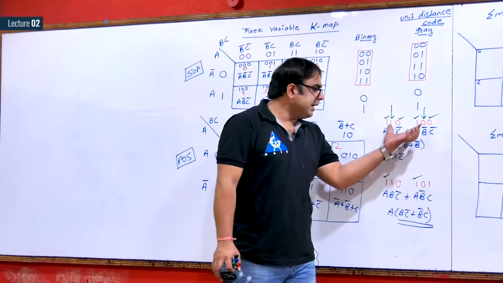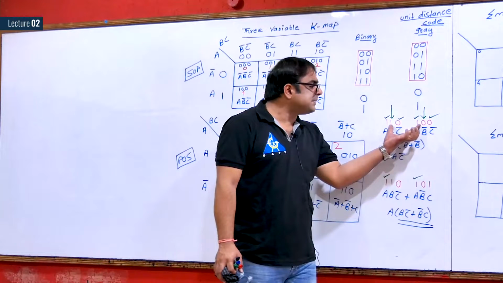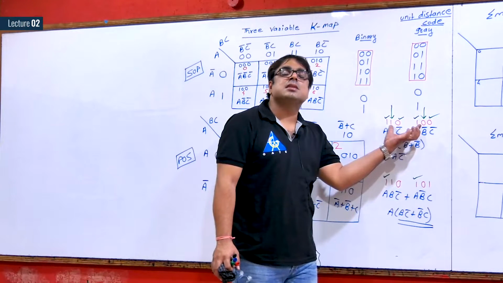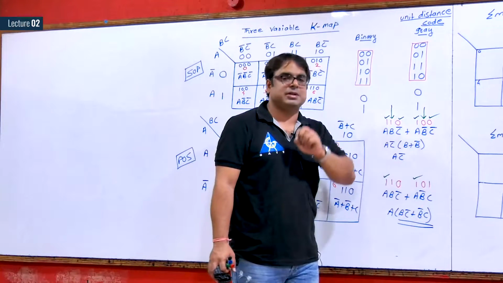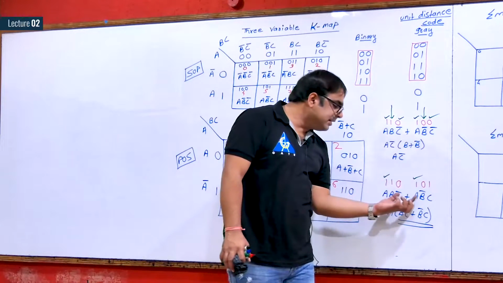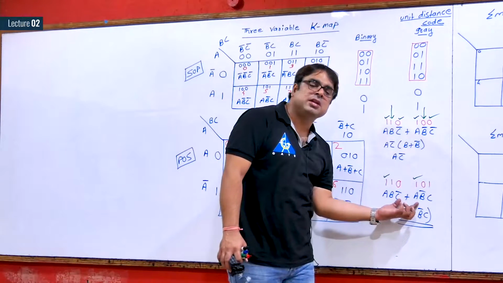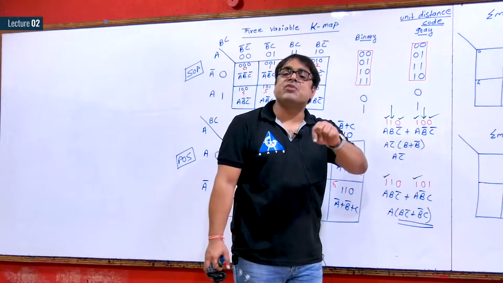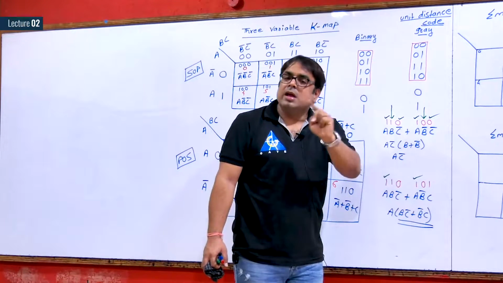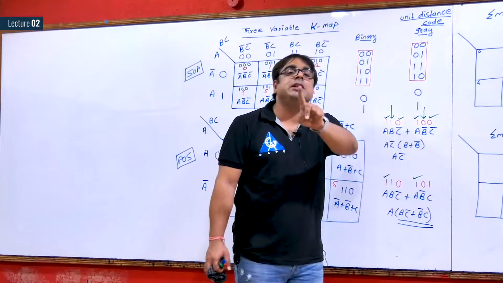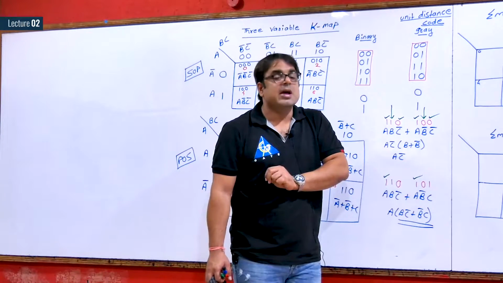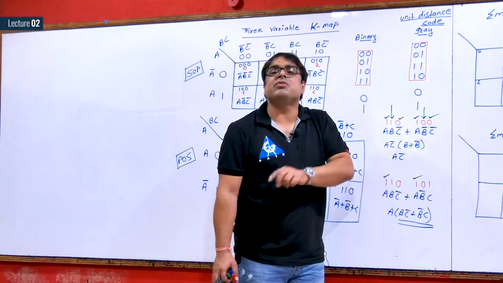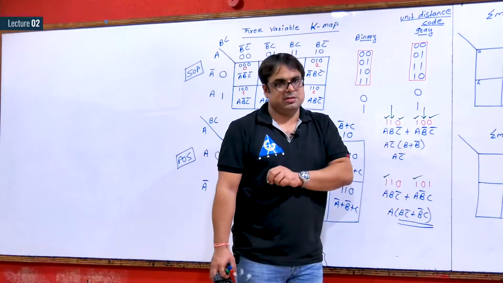So, in these two expressions, there is a difference of only one bit. And in these two expressions, there is a difference of 2 bits. If there is a difference of 2 bits, minimization is not possible. Minimization is possible only if there is a difference in 1 bit.